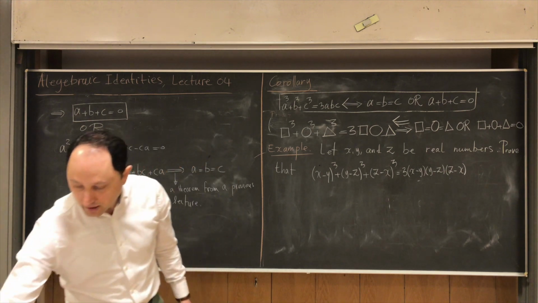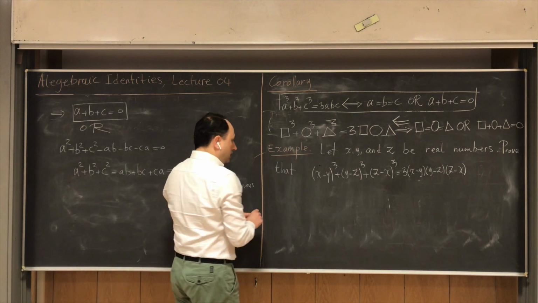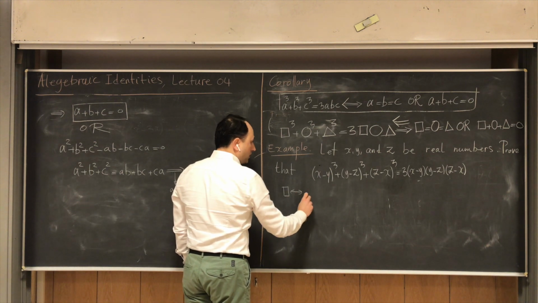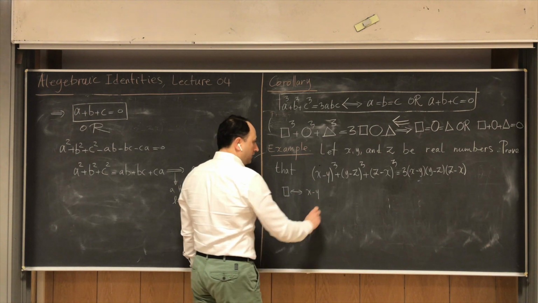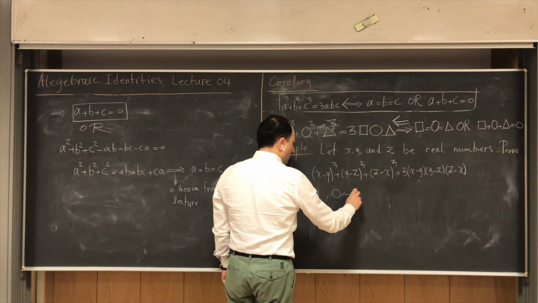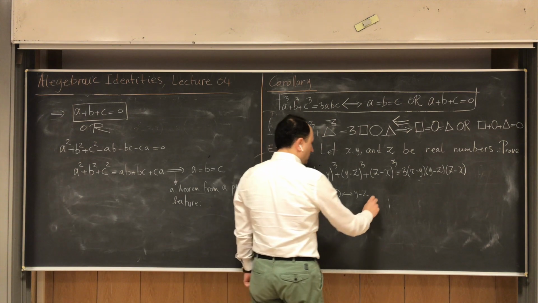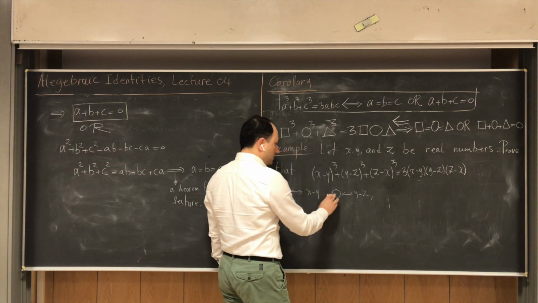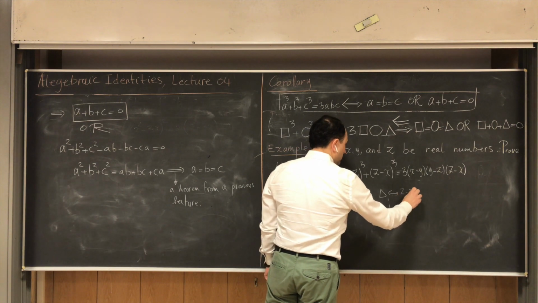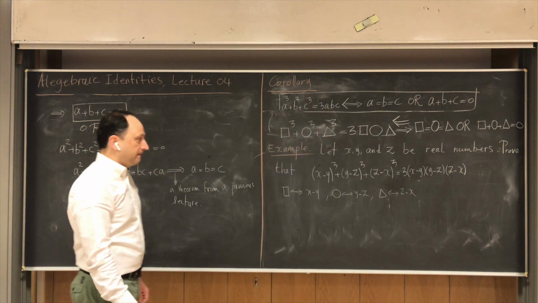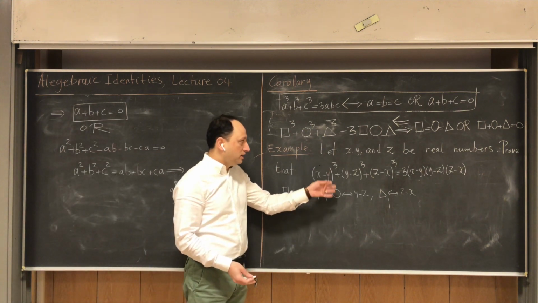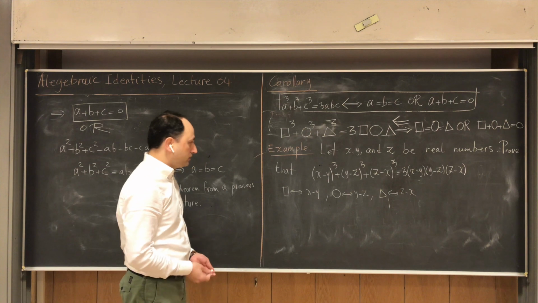How? In this theorem, let us consider that the box is x minus y, the circle is y minus z, and the triangle is z minus x. Of course, you might ask how you should understand to do this. Little by little, by solving more problems, you will get experience.